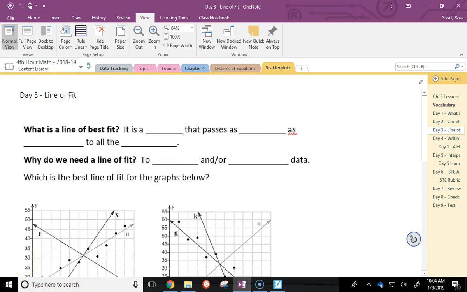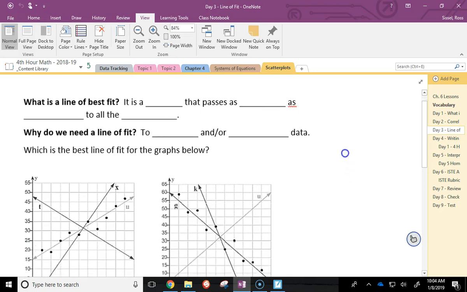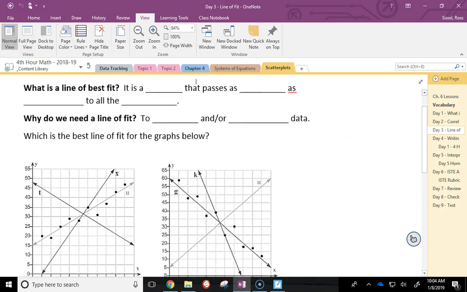Okay, let's go ahead and turn to day 3. Line of best fit, or just line of fit. In your foldable, you can see line of fit. It says, what is a line of fit? In your foldable, let's write this down.